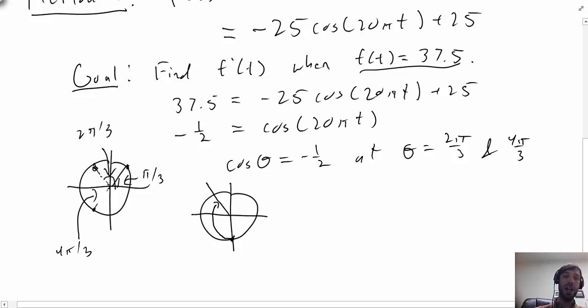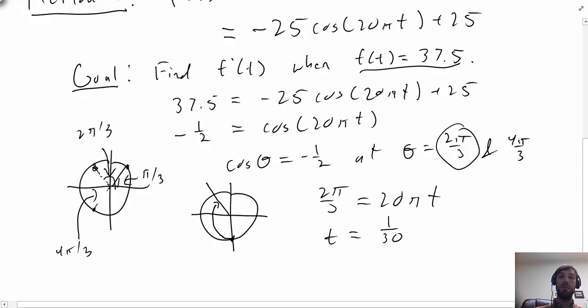If you think of taking this and rotating it to get the unit circle here, what we're really doing is going into the second quadrant of our rotation. And so to figure out the angle here, we should also choose the value that appears in the second quadrant. So we choose theta equals 2 pi over 3. Set that equal to 20 pi t, and we solve for t to get that t is 1 over 30.